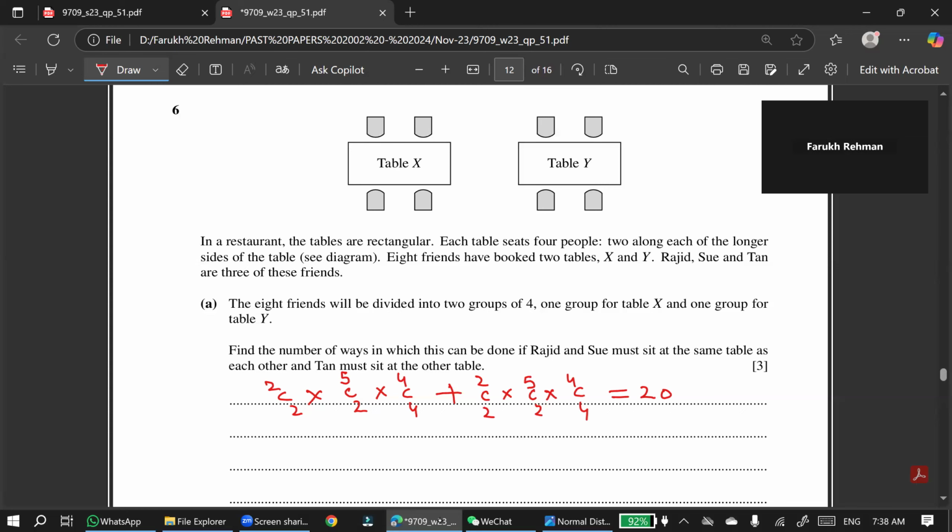This one is the final answer. Any question about this?